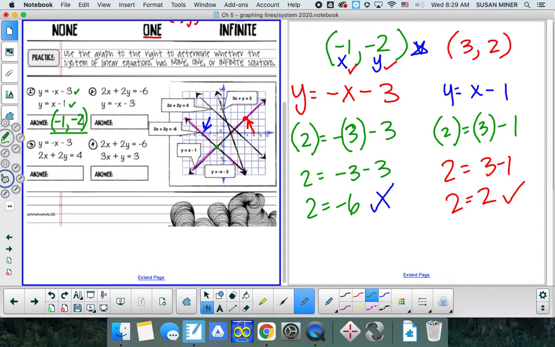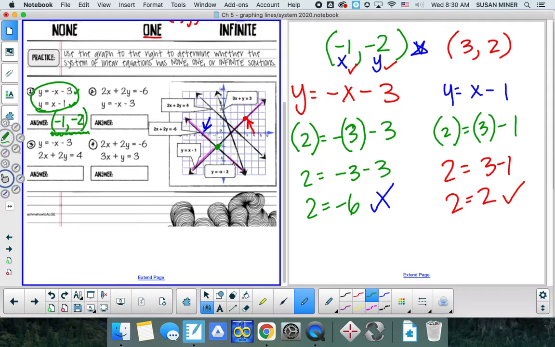The only place where both of these equations are true is right there where they cross. And so that's what we're looking for. That's the one place where these two equations are equal to each other. And remember back when we were talking about the big mug, right? This would be the place where both of those equations are the same.